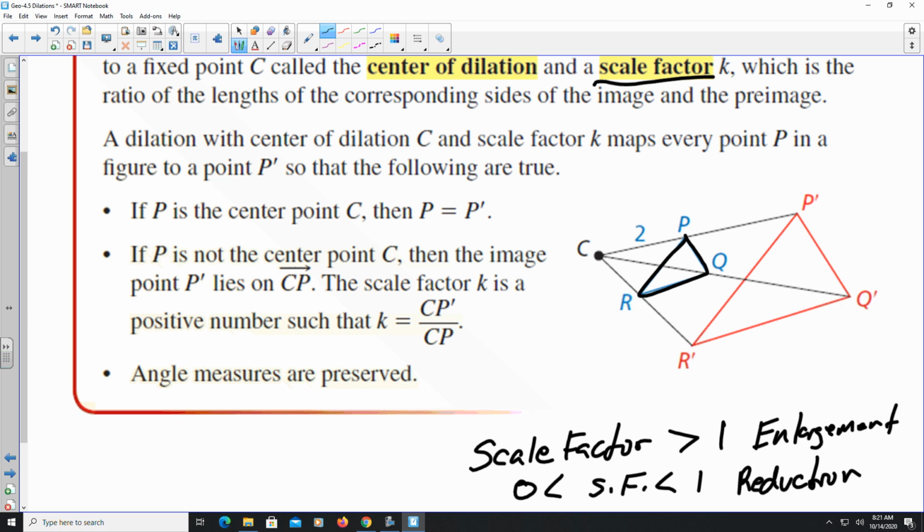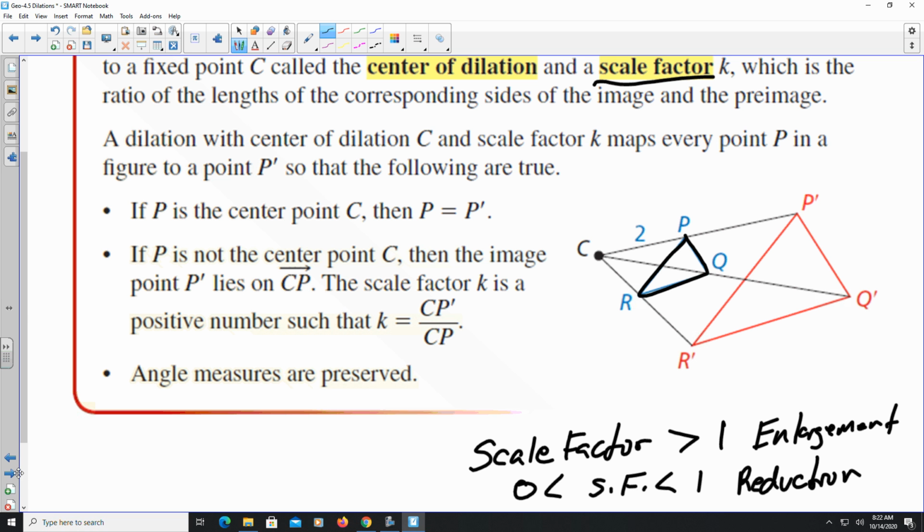P prime, Q prime, and R prime is a dilation from PQR. Since, by looking at the figure, my image is larger than the original figure, that means it's an enlargement. So whatever my scale factor is in this particular instance, I don't have any data there, it is going to be larger than 1.